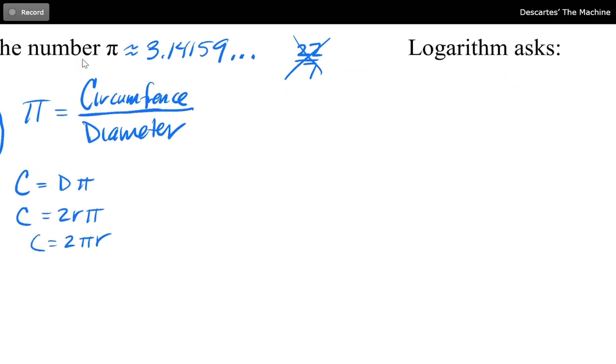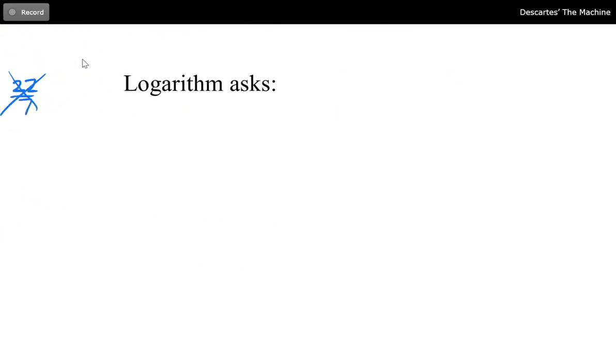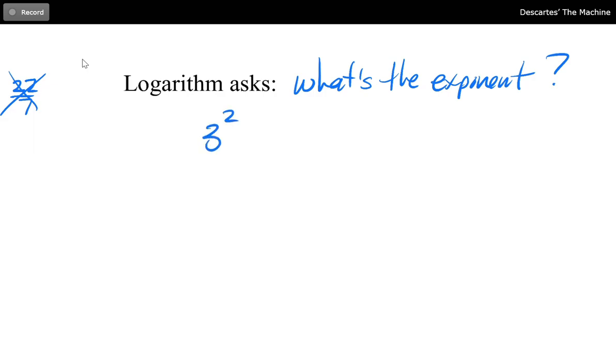Let's also review this. What question does a logarithm ask? It asks, what's the exponent? So if I had something like 3 squared is equal to 9, how do I write that as a logarithm? Well, a logarithm says what's the exponent. I would write log, the base is 3, of 9, and the answer to the logarithm question is 2.